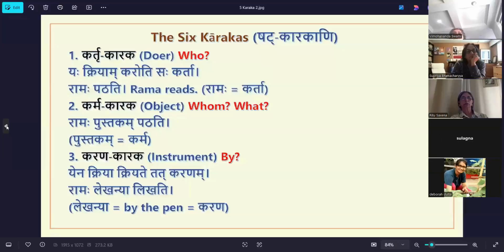Why pustakam patati? Because pustaka is neuter gender. Neuter gender? No, I'm not sure whether pustaka is neuter or not.